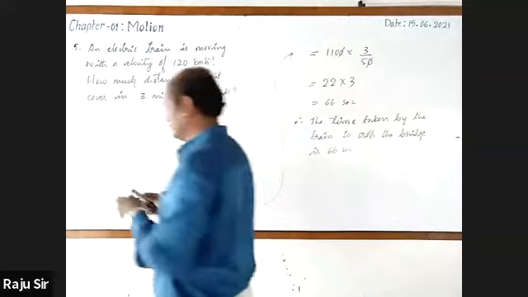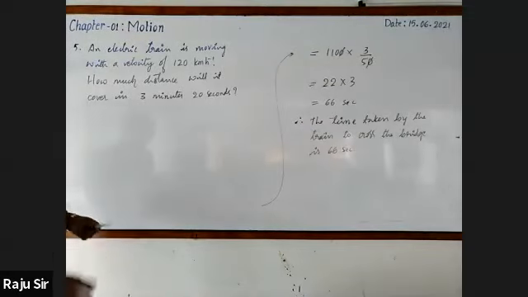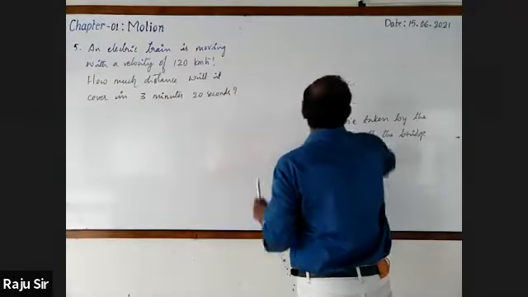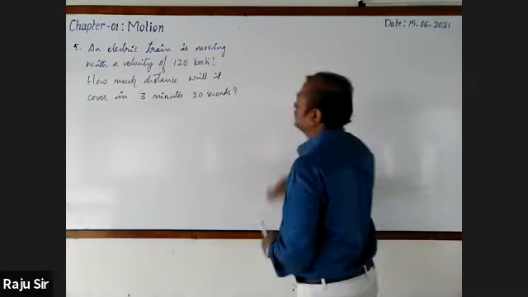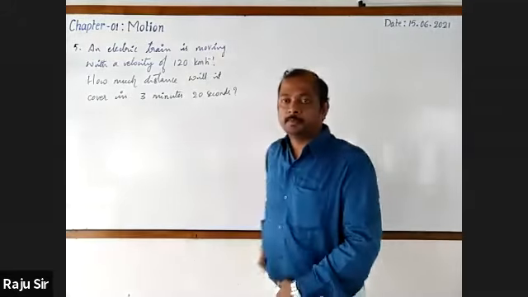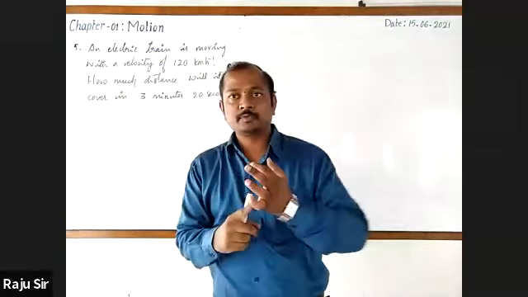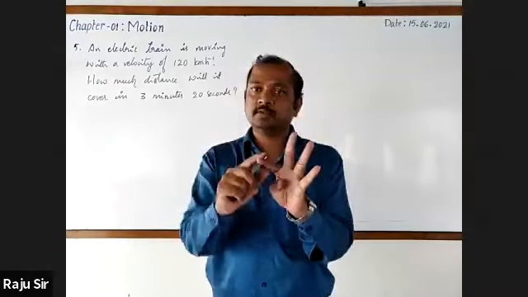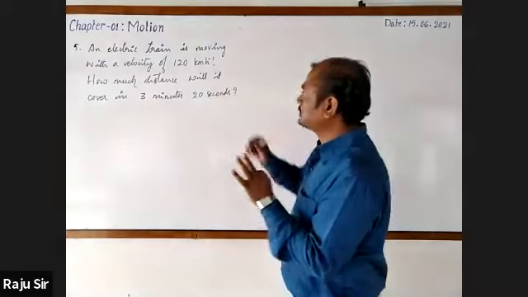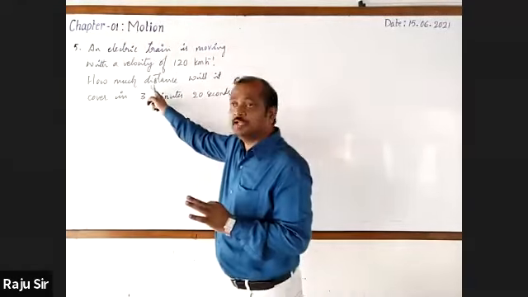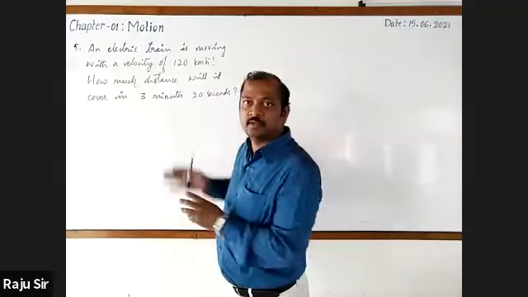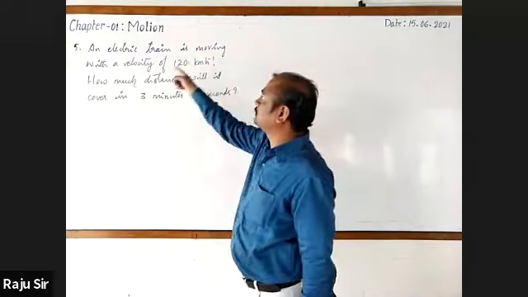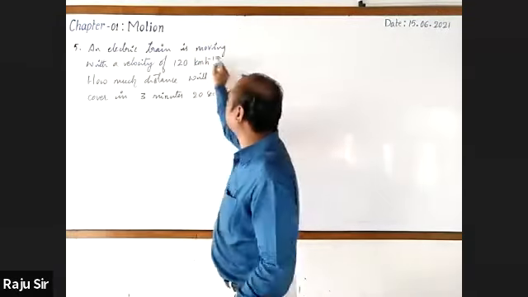Observe. Look here. In the previous problems we came across finding the velocity or speed, and then finding the time. Now, this statement is related to finding the distance. An electric train is moving with a velocity of 120 kilometers per hour.